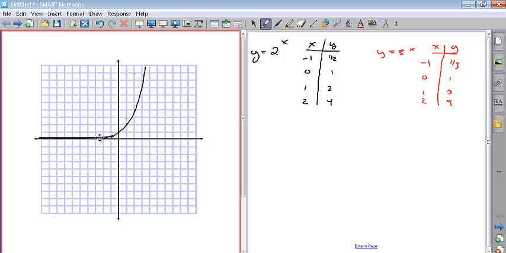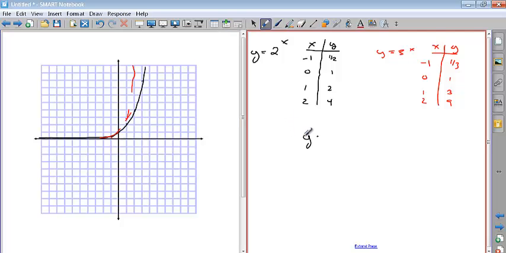So the higher the base, the more quickly this thing climbs. I'm not going to give you 5, it's going to be either 2 or 3 or e to draw the base.